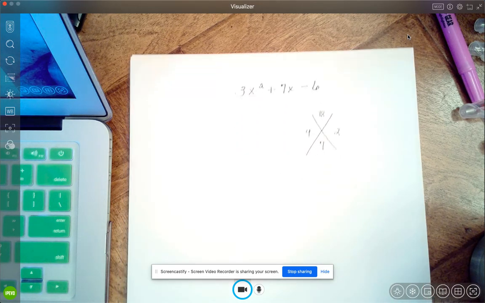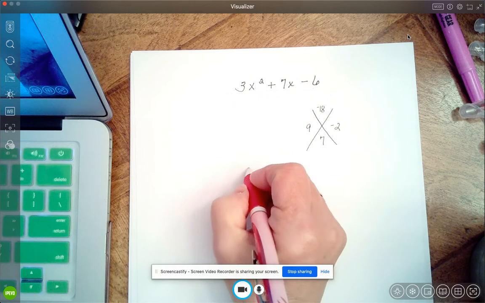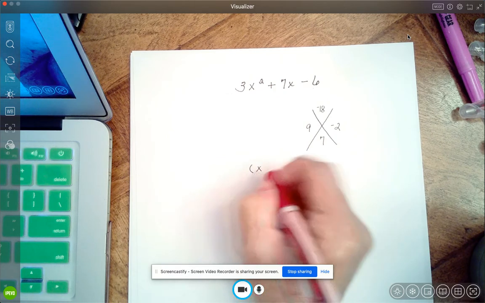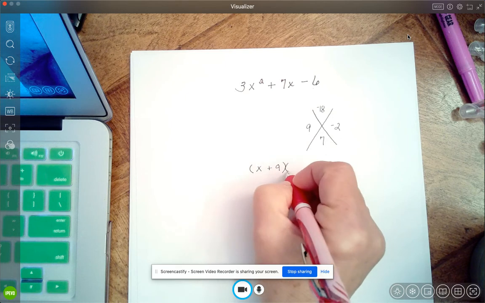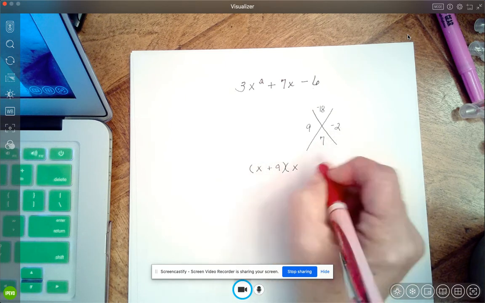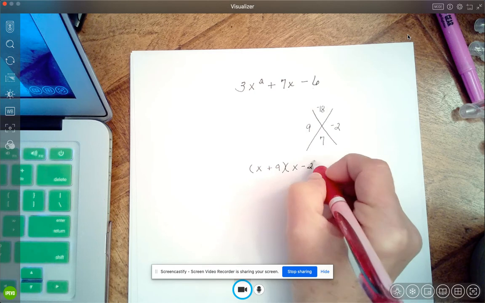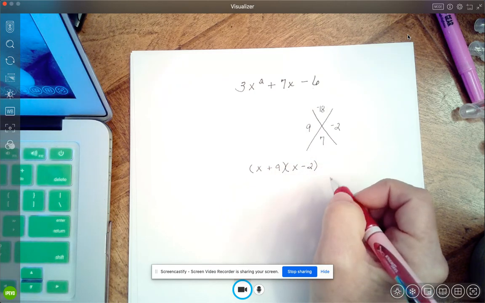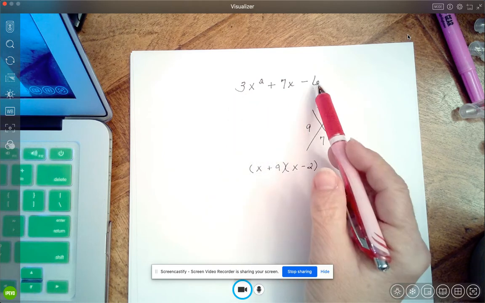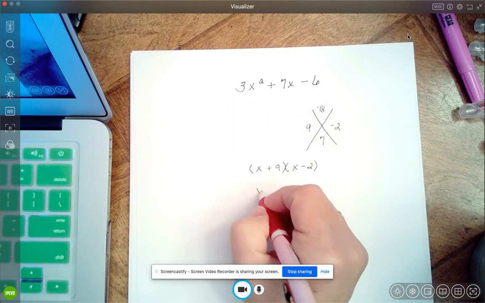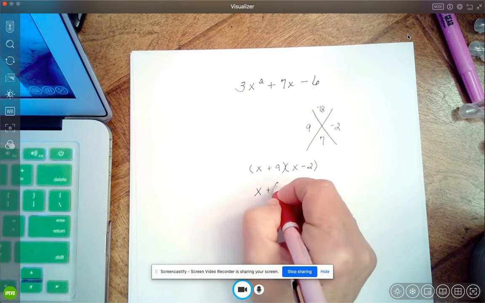My next step is to write my two binomials: x, and here's a positive 9, x, and a negative 2. The next thing I'm going to do, if you remember, I multiplied 3 times negative 6. I need to divide those numbers by 3.